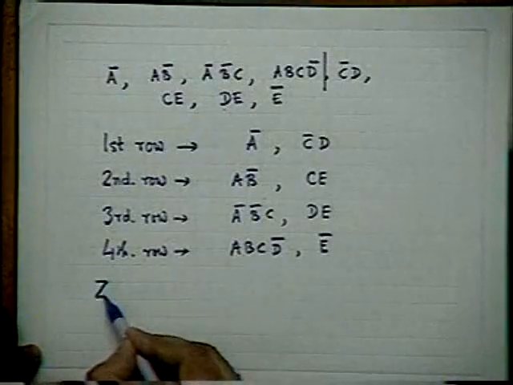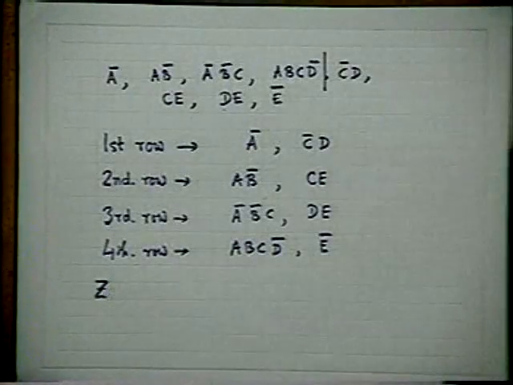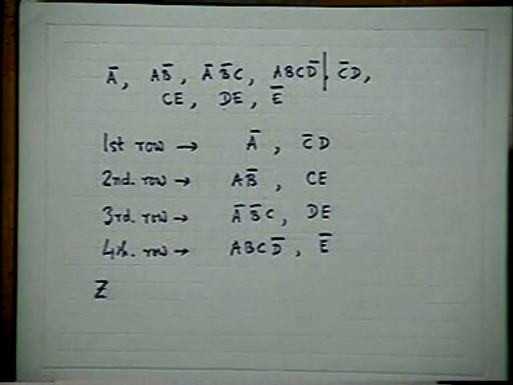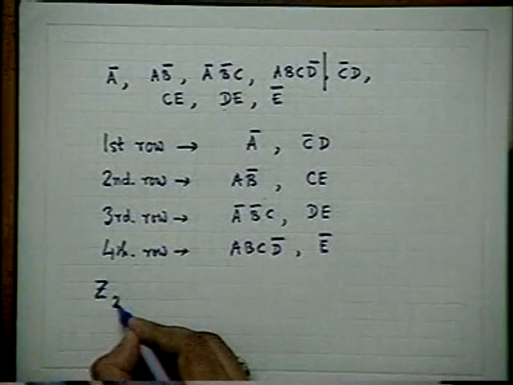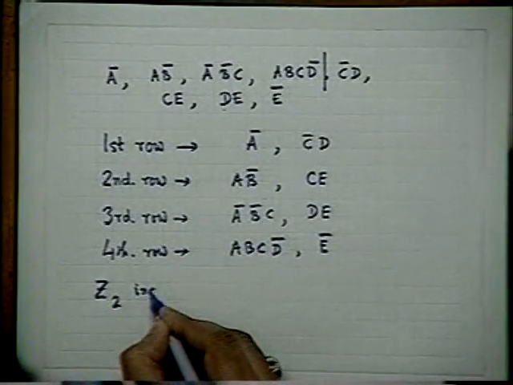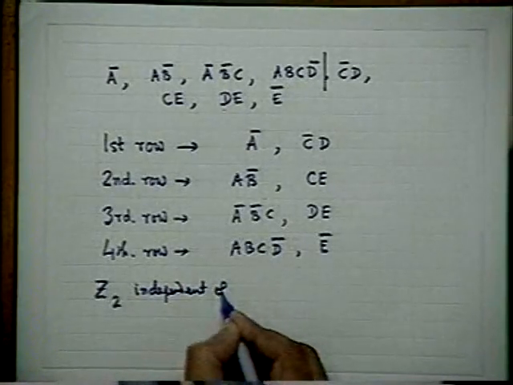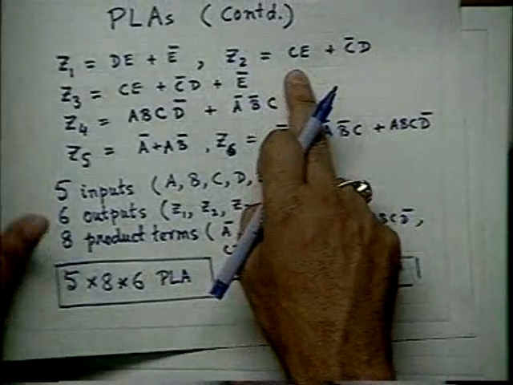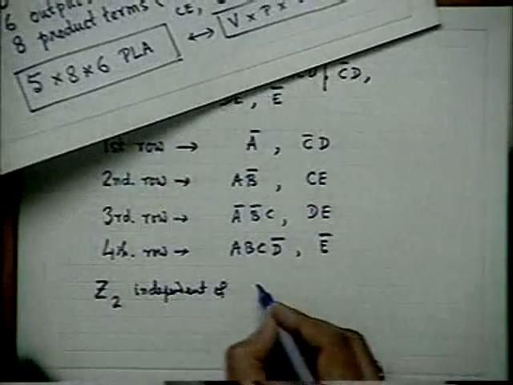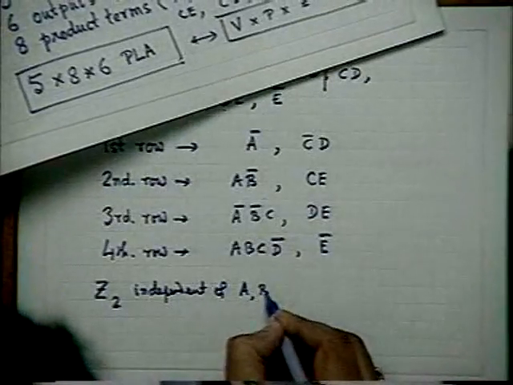Here you can easily find out, for example, Z2, you just check the example. Z2 is independent of AB. There is no AB here in Z2.